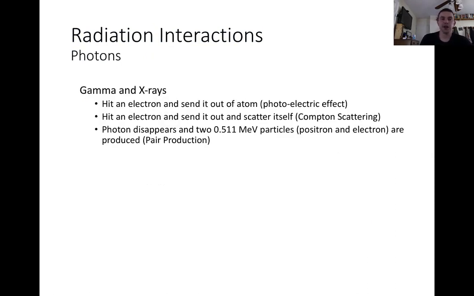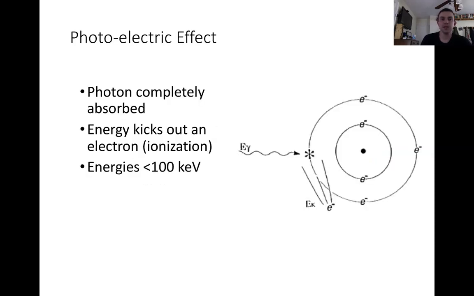We talked about the electrons. Photons: the three interactions of photons begin with the photoelectric effect. That's where the photon is absorbed by an electron totally. That electron takes that energy and goes off into space to interact with further electrons somewhere else.